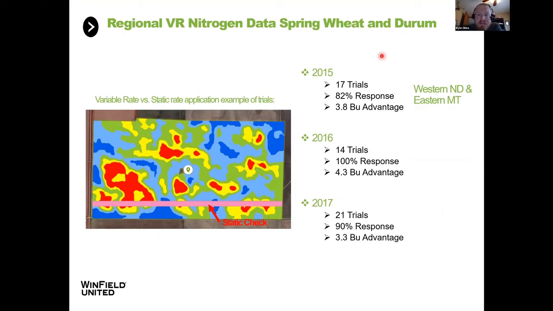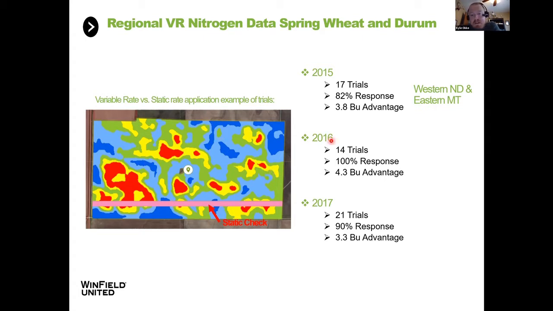These are back in my earlier days, but we would always do these variable rate trials, and we'd be working with farmers, and we would have variable rate nitrogen applied across the field, and then we would put in their static check. So we'd get across all those productivity zones where this would be essentially that 60 bushel per acre nitrogen rate. And then we matched nitrogen rates with the rest of the field.